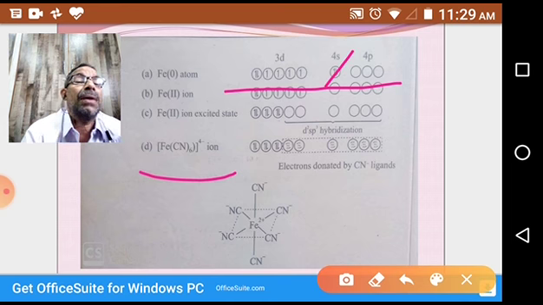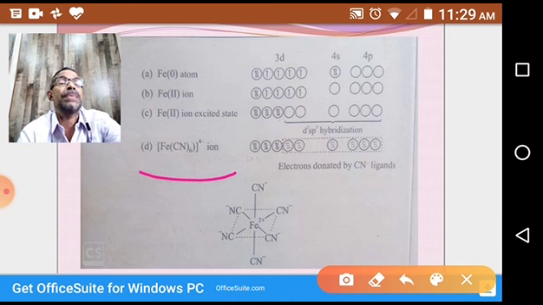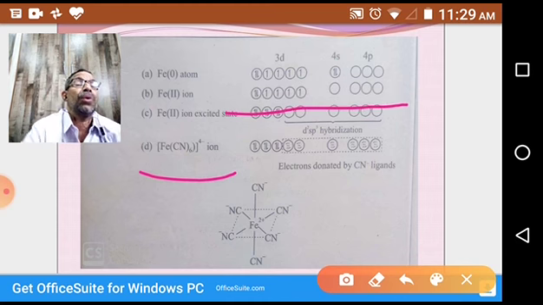In the +2 state, it has this electronic configuration: 4s0, 4p0, and 3d6. In this case, only 4 vacant orbitals are available: one 4s orbital and three 4p orbitals, but we need 6 orbitals.